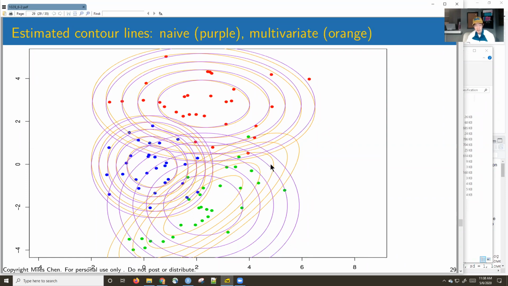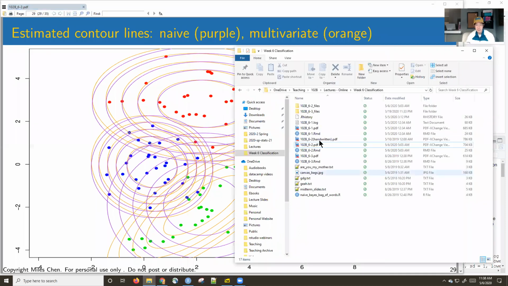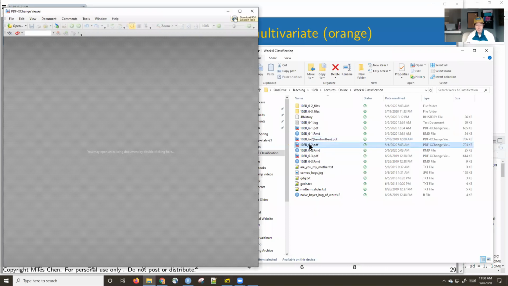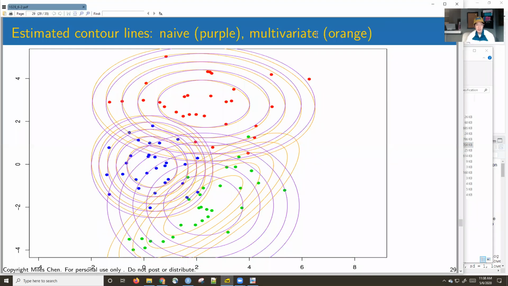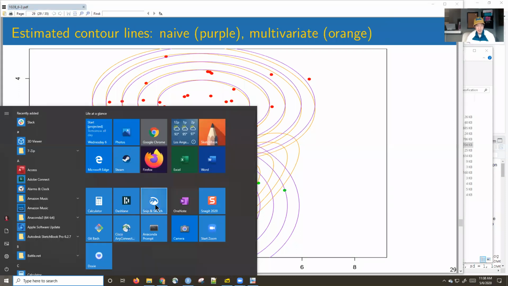I don't know if you guys can visualize this, but look at this orange ellipse. This is slide 21. Imagine you have a selection tool.